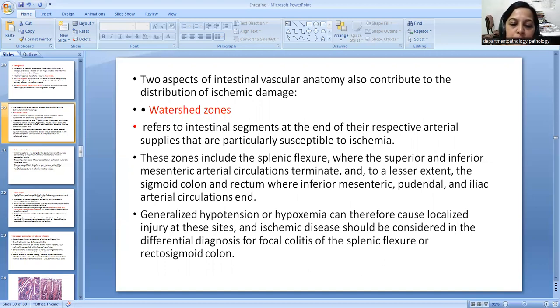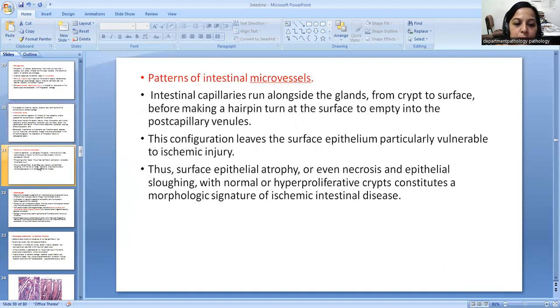These zones include the splenic flexure, where the superior and inferior mesenteric arterial circulations terminate, and to a lesser extent the sigmoid colon and rectum, where inferior mesenteric, pudendal, and iliac arterial circulations meet. Generalized hypotension or hypoxemia can therefore cause localized injury at these sites, and ischemic disease should be considered in the differential diagnosis for focal colitis of the splenic flexure or rectosigmoid colon.